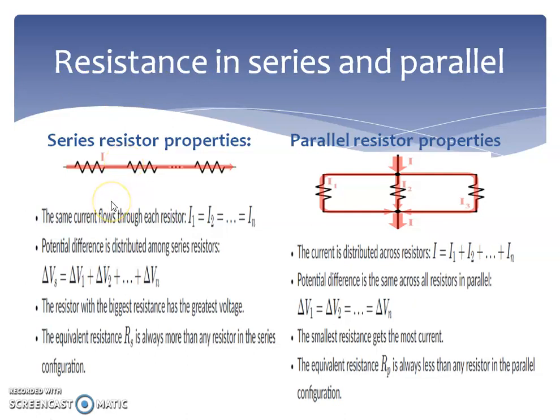When the resistances are connected in series, the same amount of current flows through all the resistances. That is, I1 is equal to I2 is equal to In.